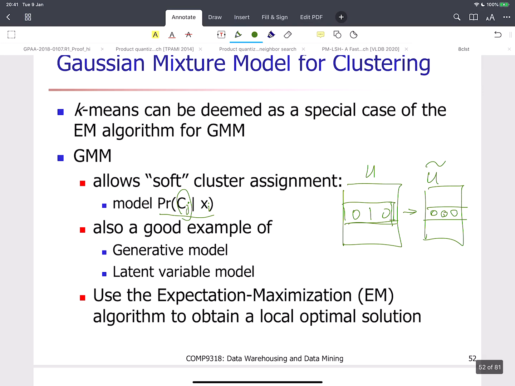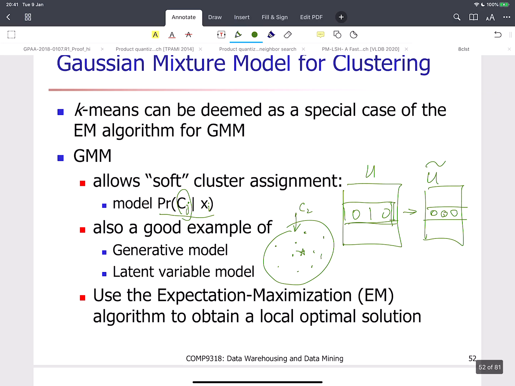We won't talk too much about this, but basically the algorithm is going to be very similar to EM, except that whenever you try to find the center, now you have probabilistic membership. For example, these points previously had a hard assignment. If they all belong to C2, the new center is just the average of all these points on each and every coordinate.